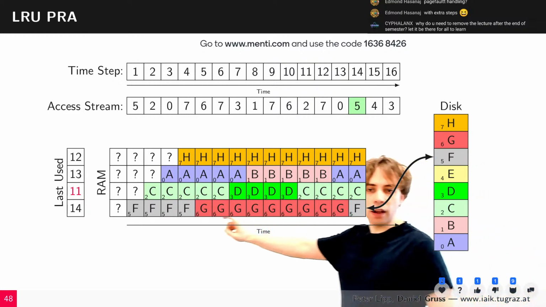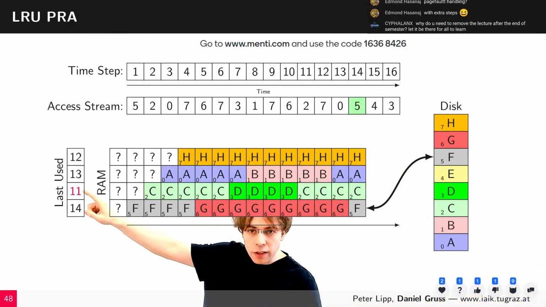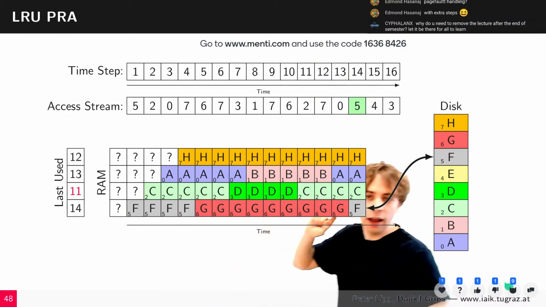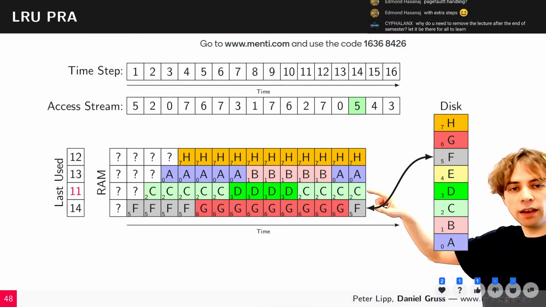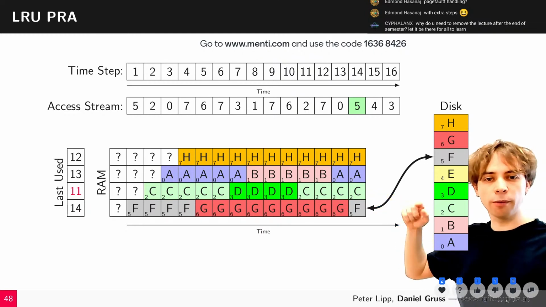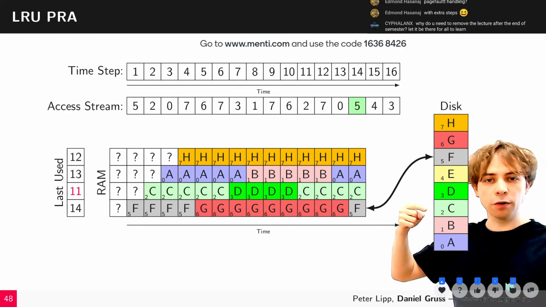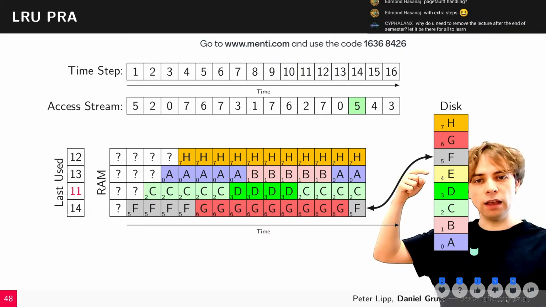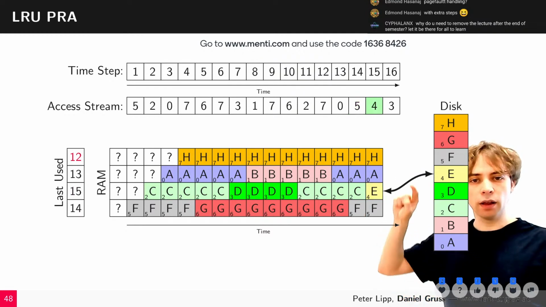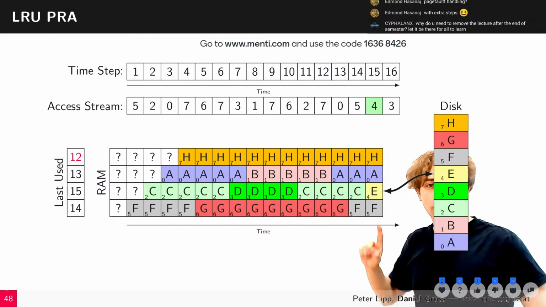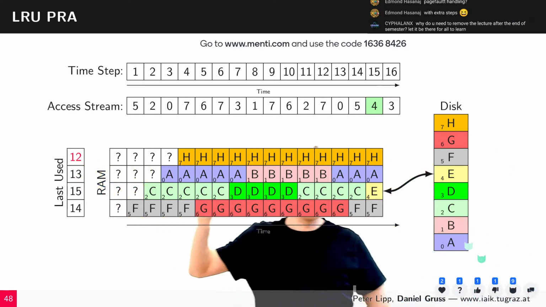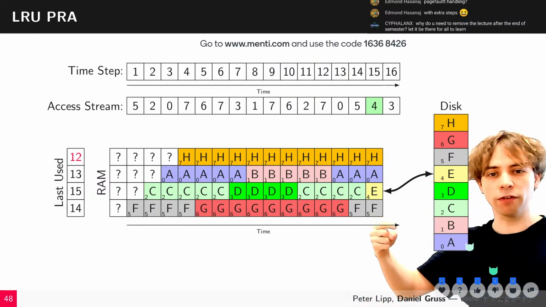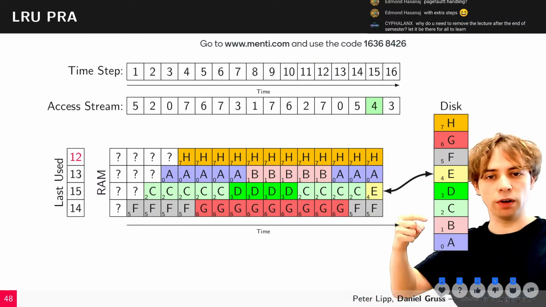And then we can see that this one is the least recently used one, the number 11, and the data here is, let's see, from address number 2, and it will be replaced by E from address number 4. Okay, and in the last step, H will be replaced because it's the least recently used one now, and it will be replaced by offset number 3, 0, 1, 2, 3.